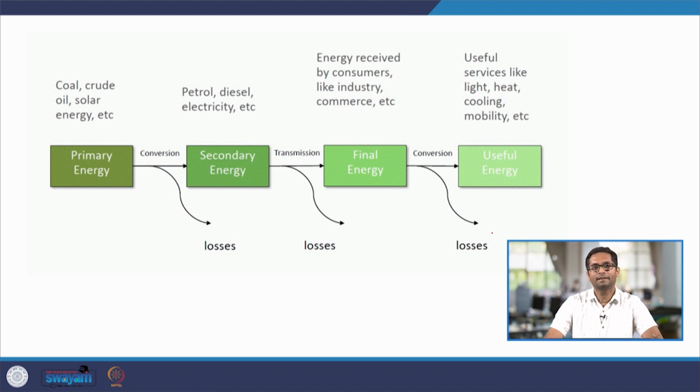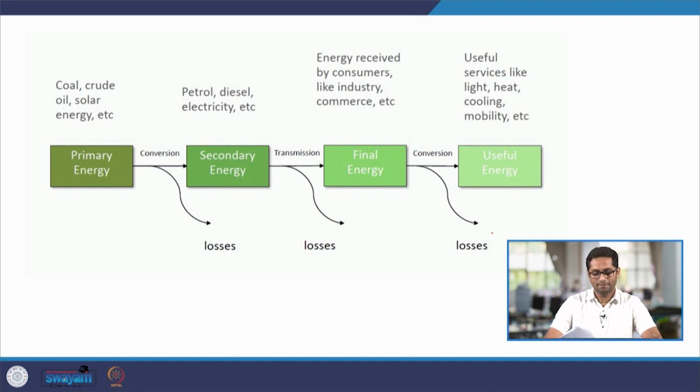Then what you get is the secondary energy, which can be used in different kinds of energy systems. Examples are the petrol or diesel that you use in your cars and two-wheelers, and the electricity that you use in your homes.